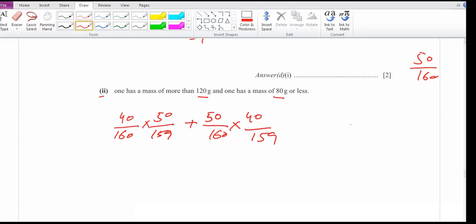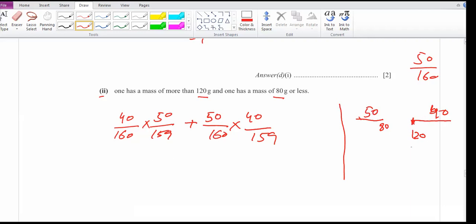Sir, for less than 80, why is it 50? Look, there are two possibilities. Because we are choosing two apples, we have the range 120 and more, and we have the range 80 and less. We know in this category the total is 40, and in this category the total is 50.